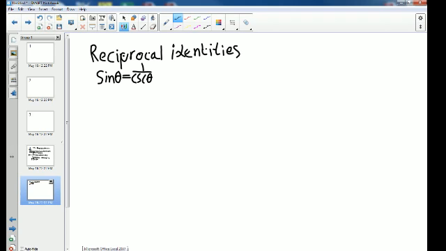And just like that, that's how it will work. And you could do it the other way, since this is called a reciprocal identity. So you could do cosecant theta equals 1 over sine.